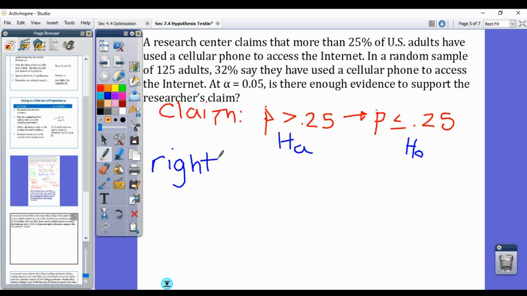And since we are at the 5% confidence level or significance level for my alpha, that is going to give me a z-score of 1.645.